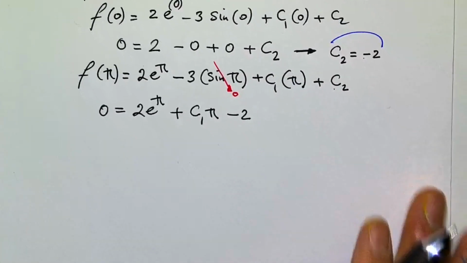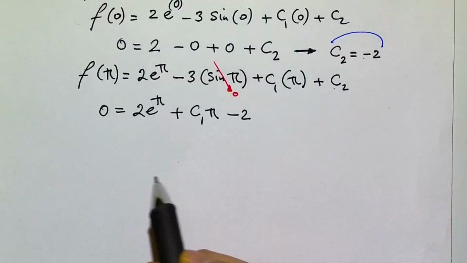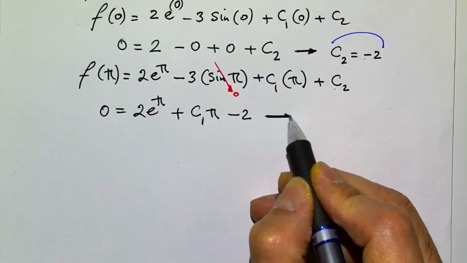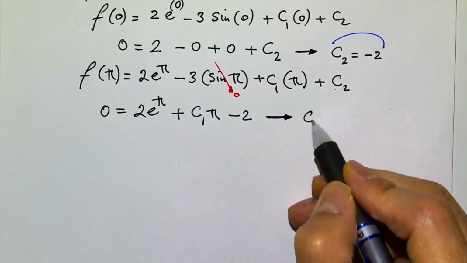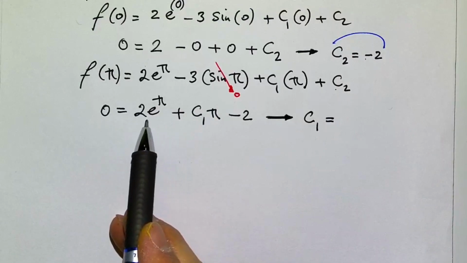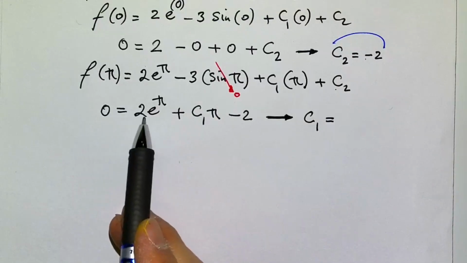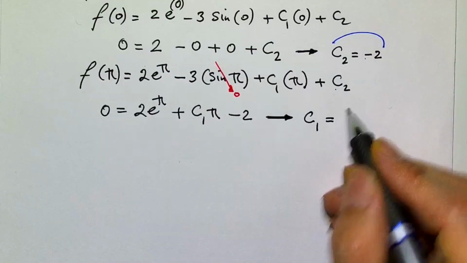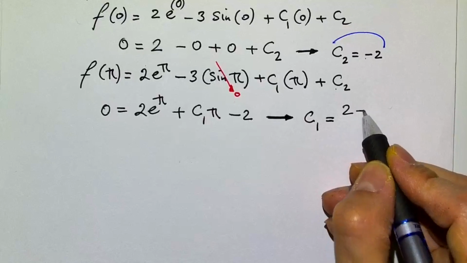Okay, so let's manipulate this equation algebraically. What do we get? We get c1 equals 2 minus 2e to the pi.